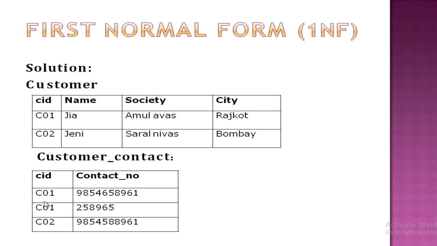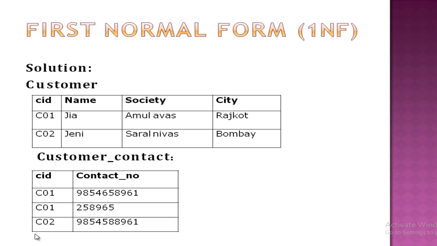The first ID contains two numbers. So CO1 has this number, then CO1 again has a second number, and CO2 contains this number. So this is how we solve this particular ambiguity with the first normal form, right? This is about the first normal form.